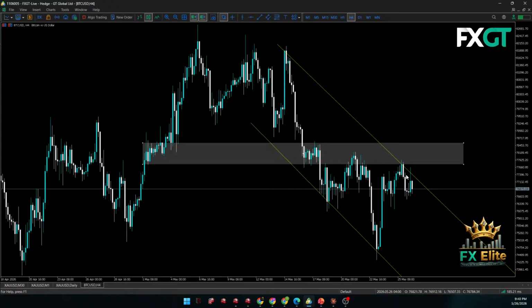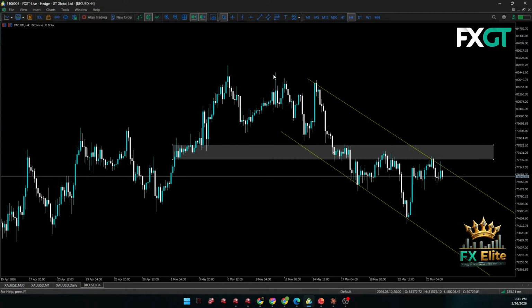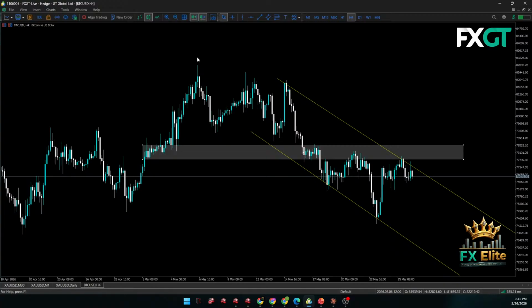So this is one of the reasons why price retraced back: it's on the support and it's also on the trend line. Are you guys okay with this? Yes. Okay.